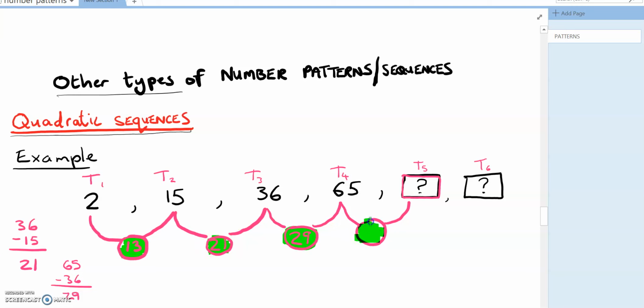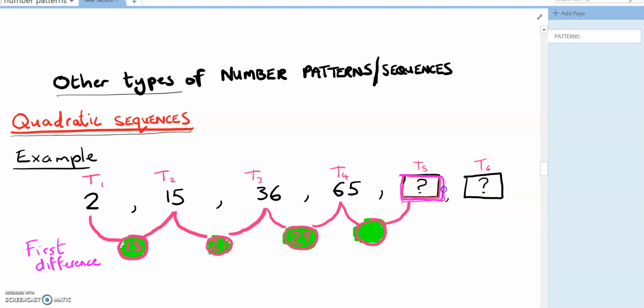So the question is, what is this difference going to be? And hence the reason why this is not called a linear sequence. Those are the ones we did in the last video. These are a little bit different, because the first differences that we just found are not the same, so it's a little bit harder to predict what is coming next.